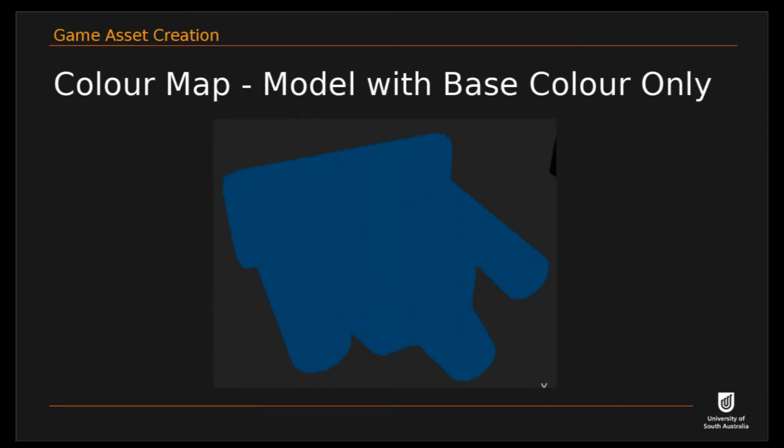So, color map, one single color. It's pretty unusual in a game or any sort of animation for the color map to just be one completely flat color. I did notice that for the majority of Assignment 1 submissions, this is what the color maps looked like.